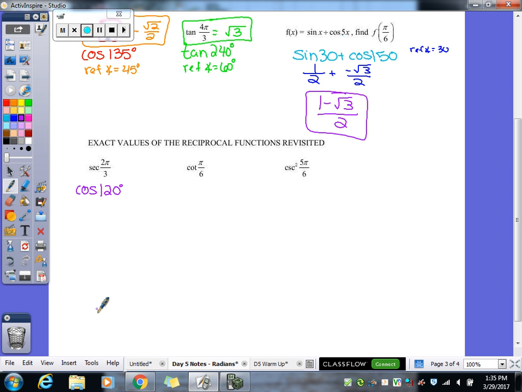Quadrant 2, which means cosine is negative. So what is the cosine of 60? So this would be negative 1/2. But we want the secant, though, so I just have to flip it. So it would just be negative 2.